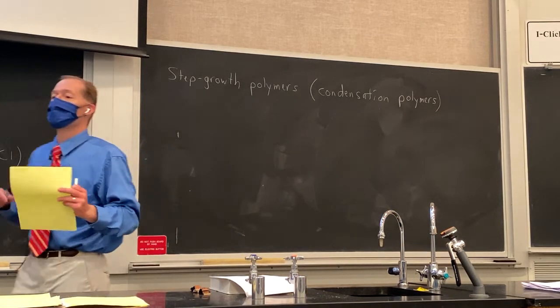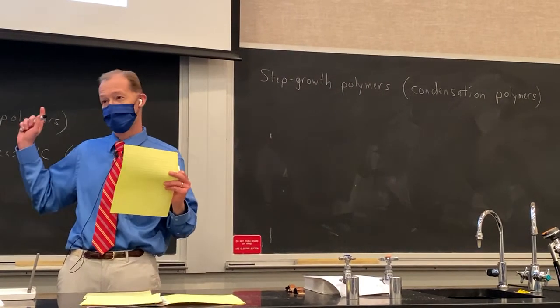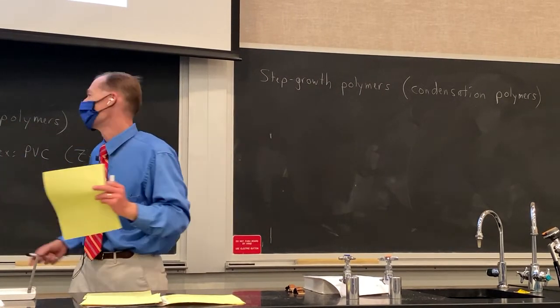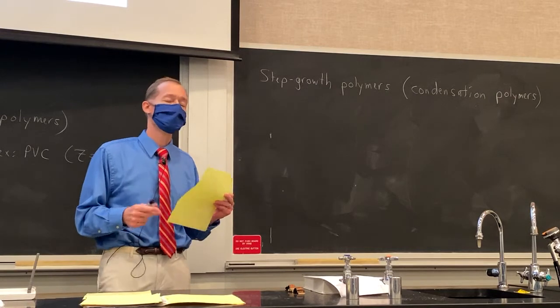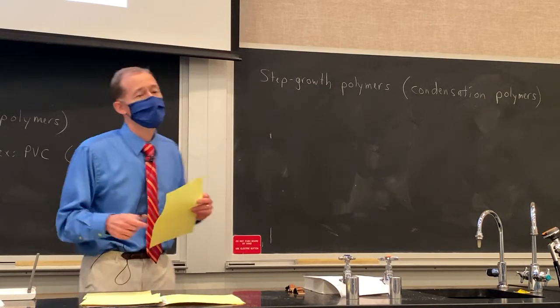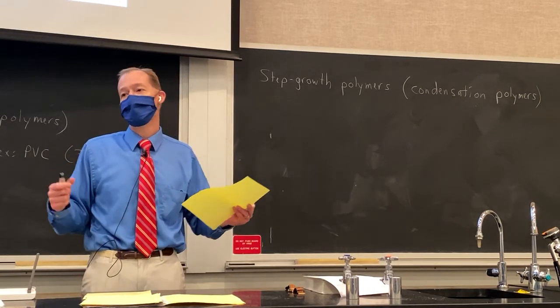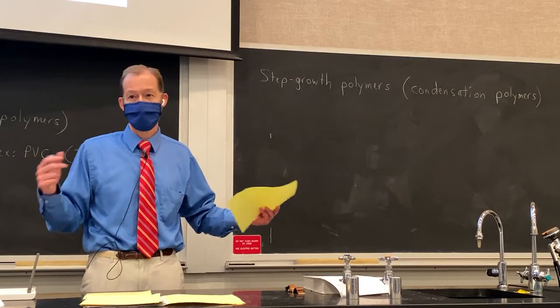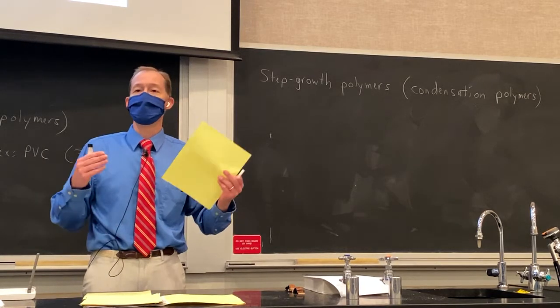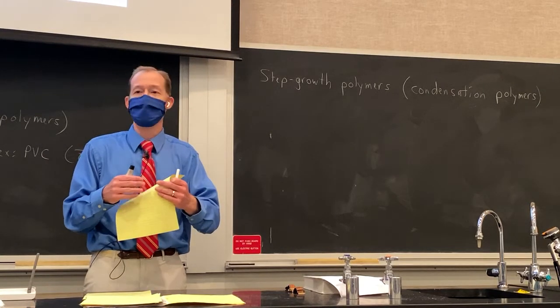So a step growth polymer usually involves 2 different monomers as opposed to a single monomer that's typical for most chain growth polymers. And those monomers in a step growth polymer usually have 2 of the same functional group, one on each end of the chain. Okay? And so that allows a condensation reaction to occur between the 2 monomers.